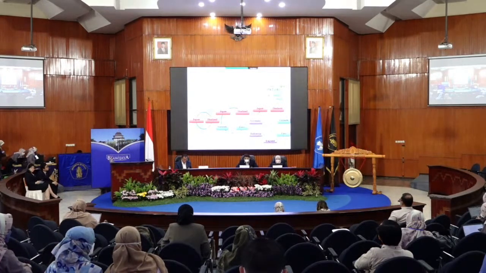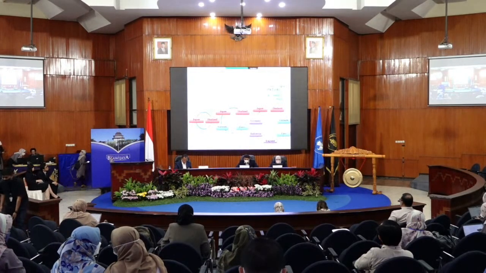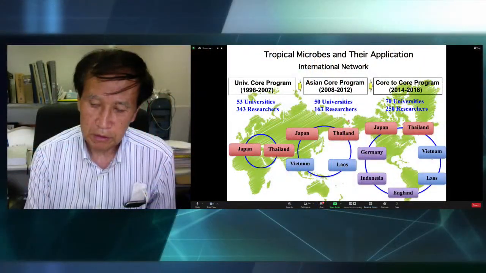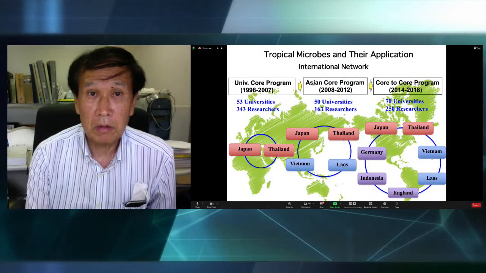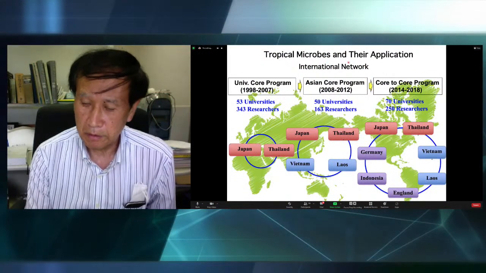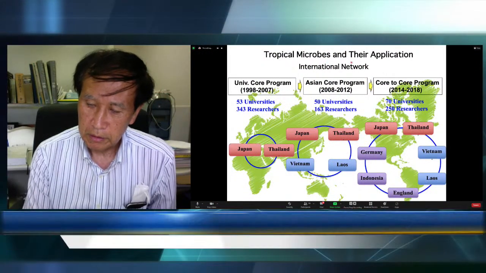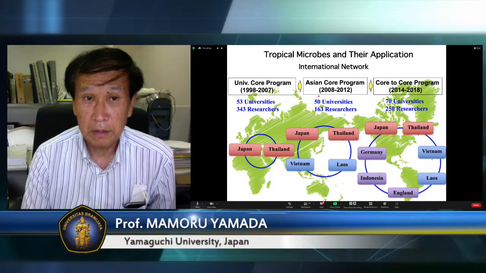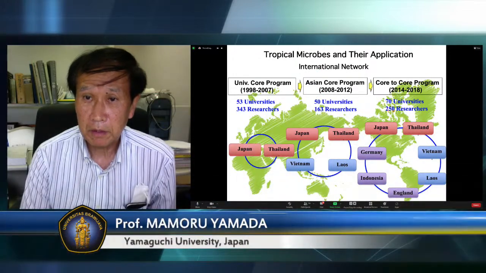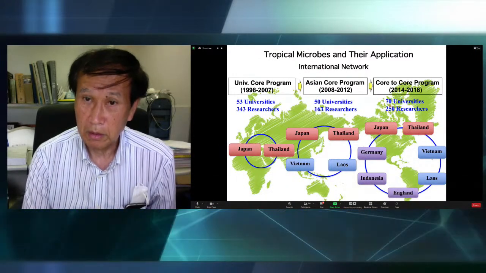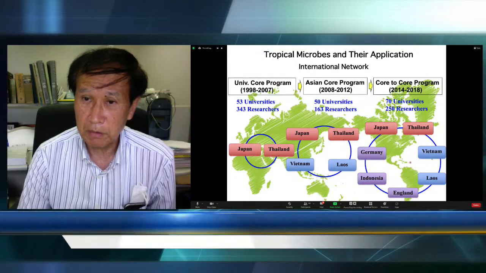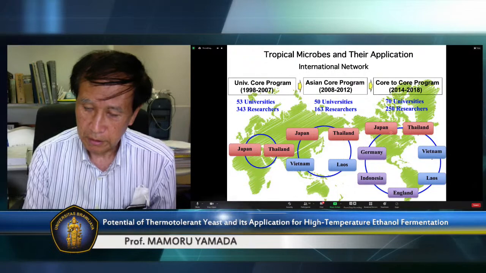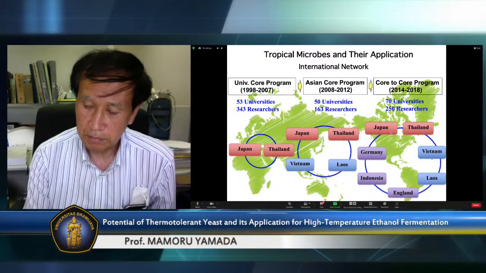Over 20 years, we organized 3 international core programs with Asian countries focusing on tropical microbes and their application. In these core programs, there are 250 researchers from 70 universities and 7 countries, including Indonesian scientists.